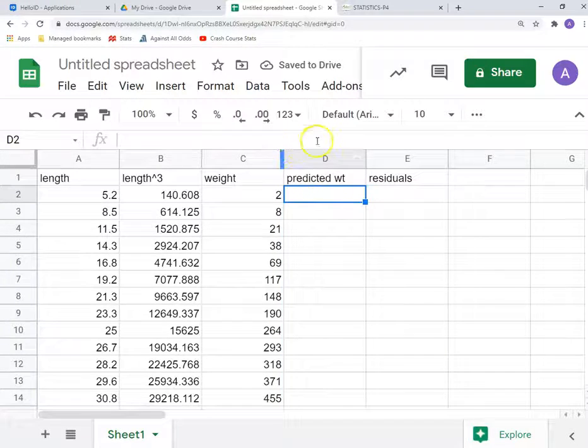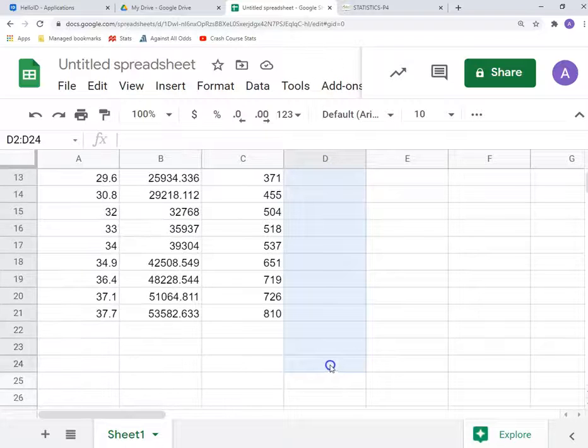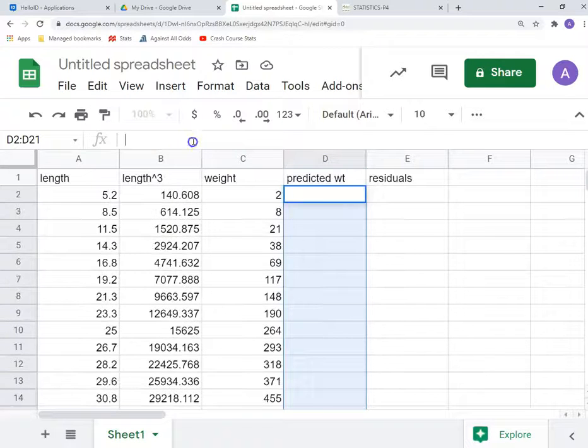Predicted weight, same thing as before, equals 4.07 plus 0.014 times x. Here, we're going to choose the length cubed column already, because that'll save us a step.